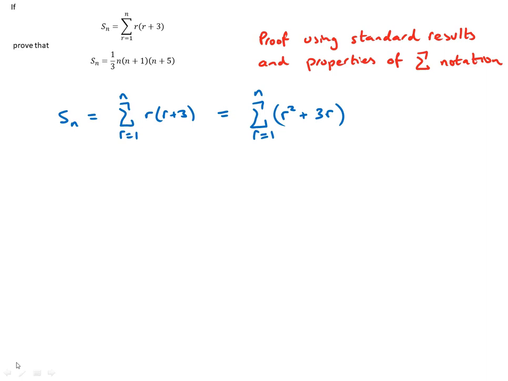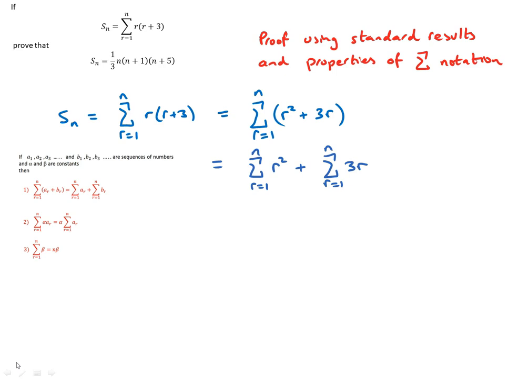Using the properties of sigma notation, we can split that up as, first of all, the sum between r equals 1 and n of r squared, plus the sum between r equals 1 and n of 3 times r. And then, using the second property of the sigma notation, we can adapt that to being the sum between r equals 1 and n of r squared, plus 3 times the sum between r equals 1 and n of r.